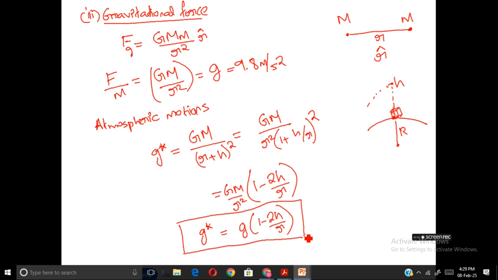Now let's calculate what the acceleration due to gravity g star will be at a height of 10 kilometers. When we discussed the vertical structure of the atmosphere, I told you that most atmospheric processes occur in the troposphere itself, which is within a height of 10 to 14 kilometers. So suppose we are considering an air parcel at a height h equal to 10 kilometers.